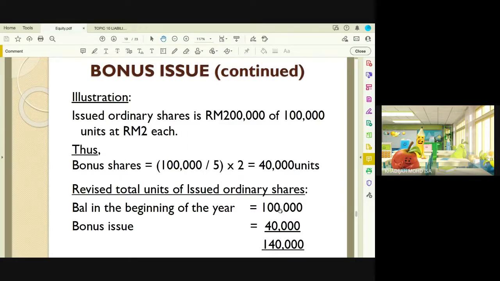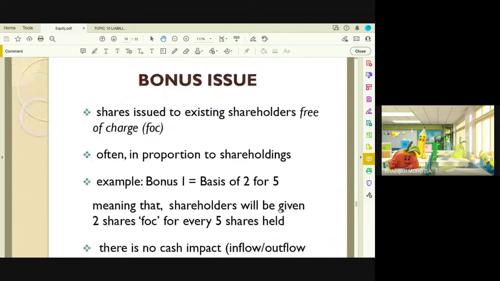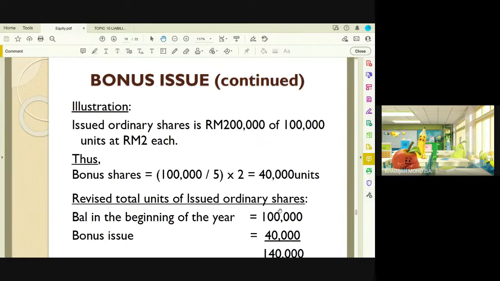For the bonus shares, as we said just now, the example is on the basis of 2 for 5. For every 5 units, you are going to give 2 bonus shares. So you take 100,000, divide by 5, and times by 2, because for every 5 you give 2 new shares. 100,000 divided by 5 times 2 gives you 40,000 units of bonus shares.